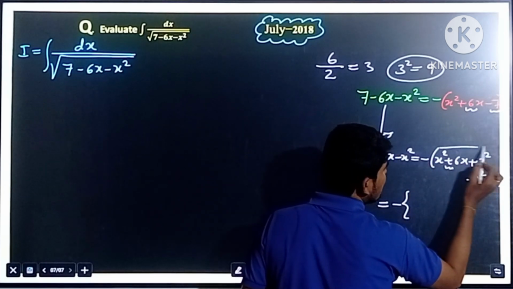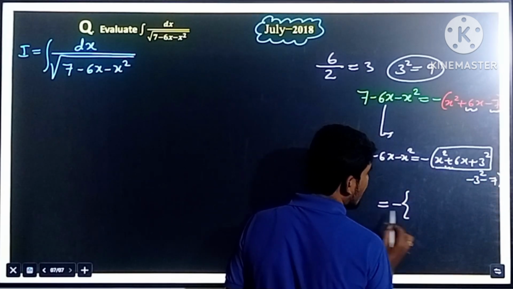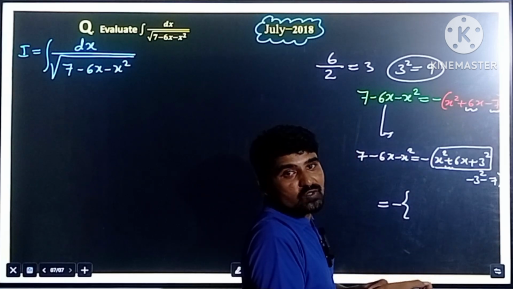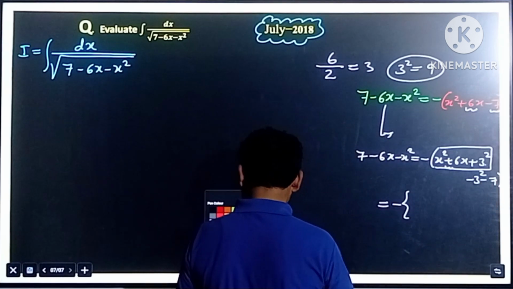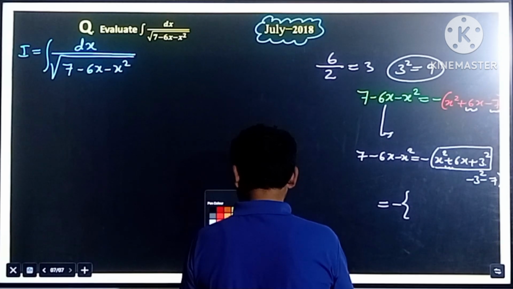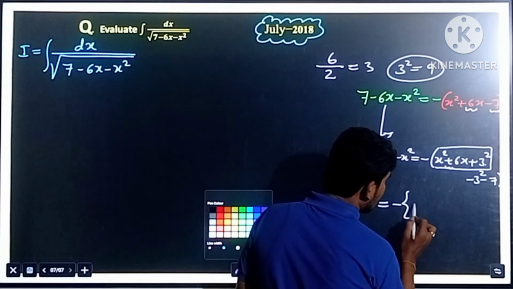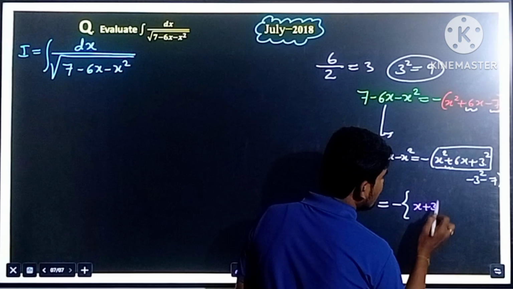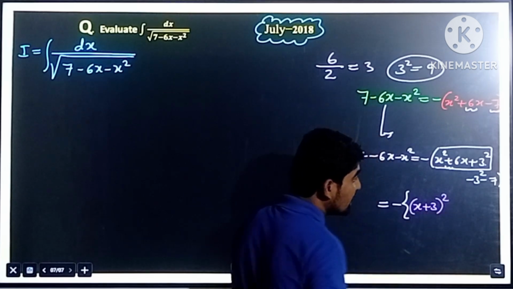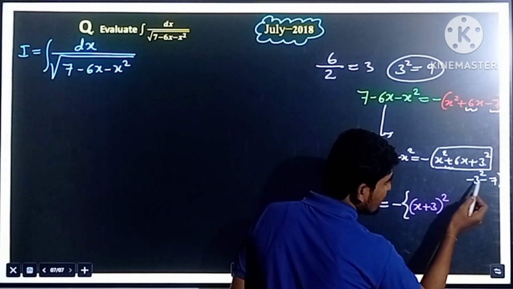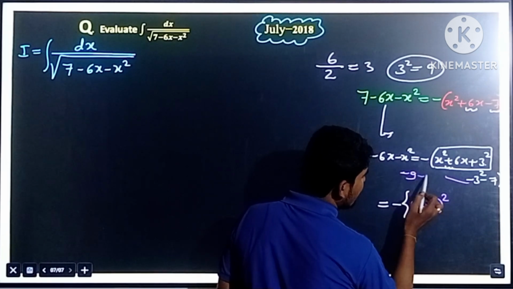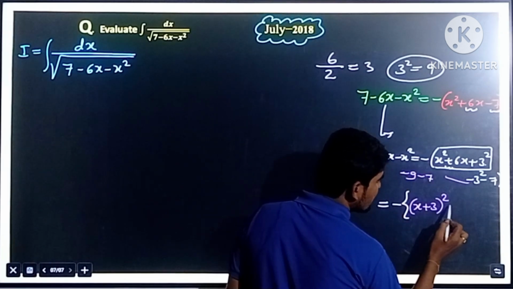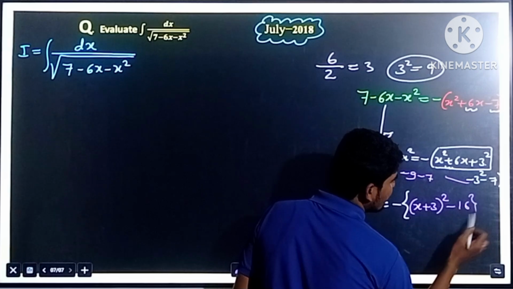Therefore, the first three terms are the expansion of (x plus a) whole square, where a is 3. Therefore, this is equal to (x plus 3) whole square. And then, minus 3 square minus 7. We know that minus 3 square is minus 9, and minus 7. So minus 9 minus 7 is equal to minus 16.